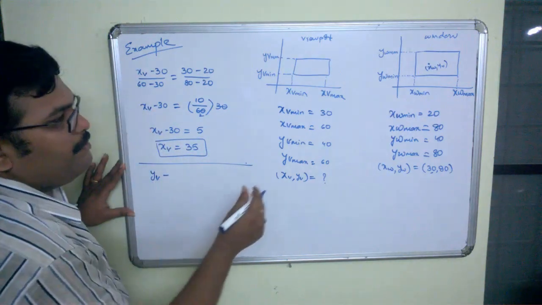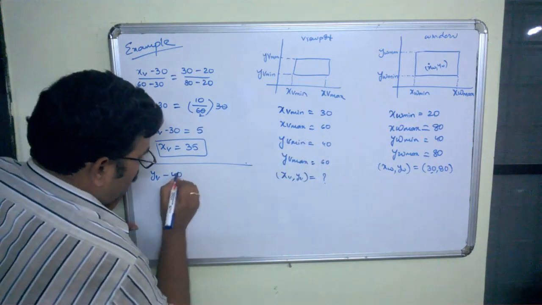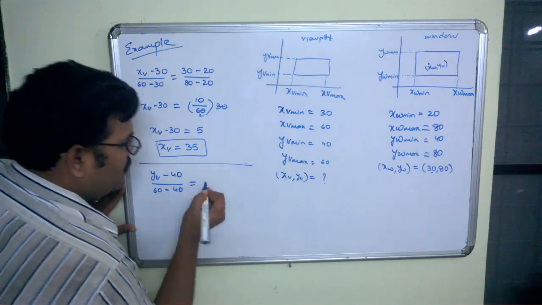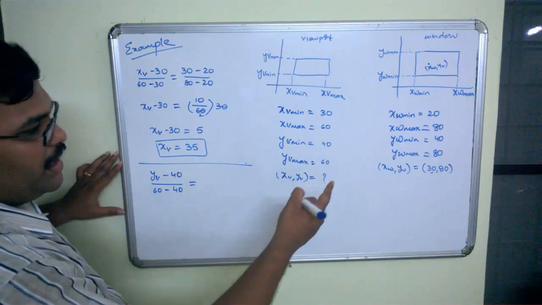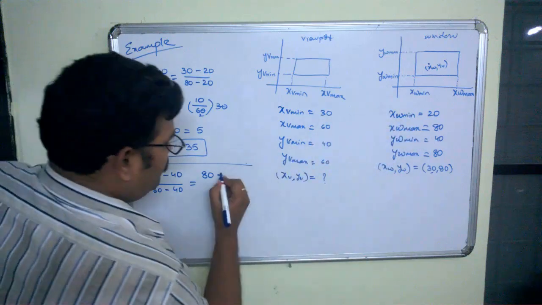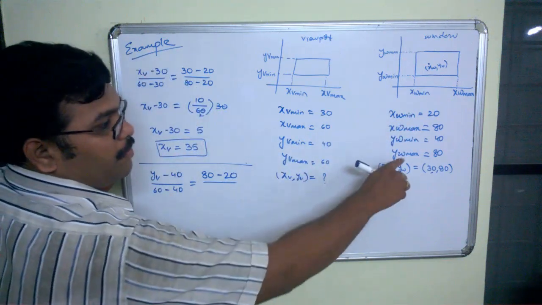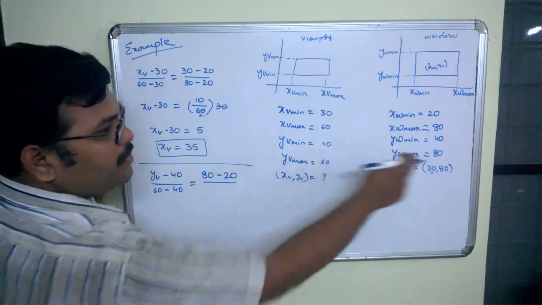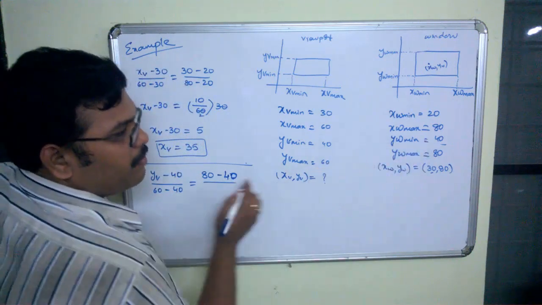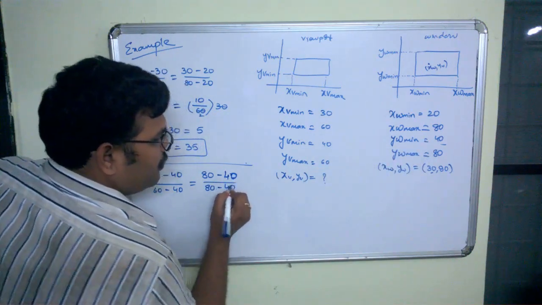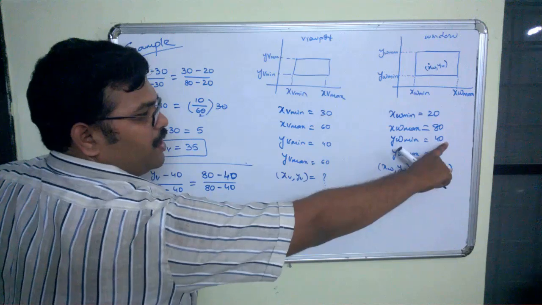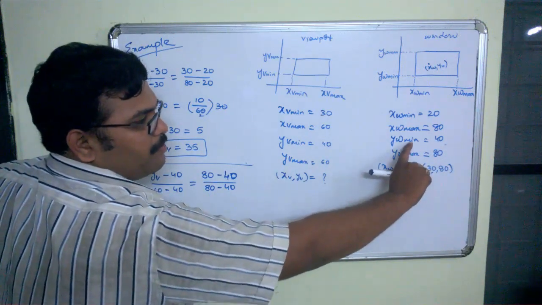YV minus YV minimum by YV maximum minus YV minimum 40 is equal to, similarly, YW 80 minus YW minimum 40, by YW maximum 80 minus YW minimum 40.